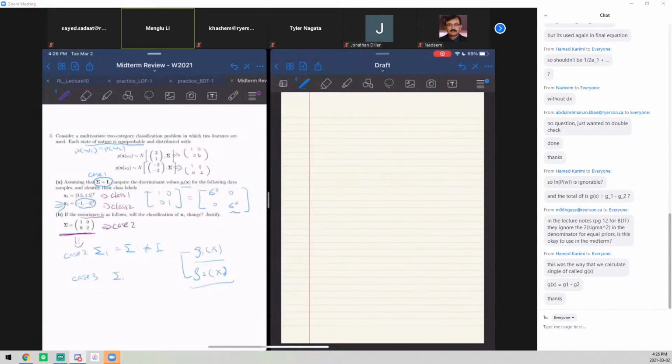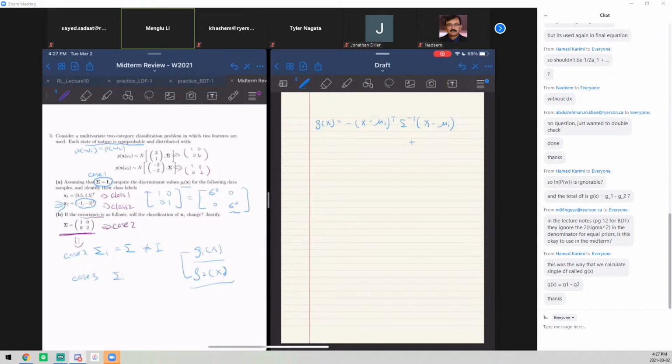Okay, the G function for case 2 is this, and I believe there is one more.